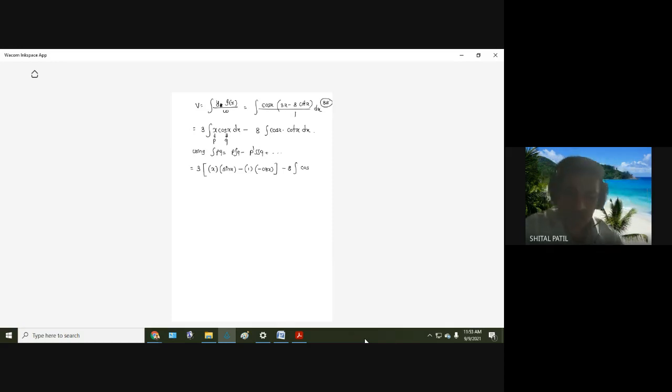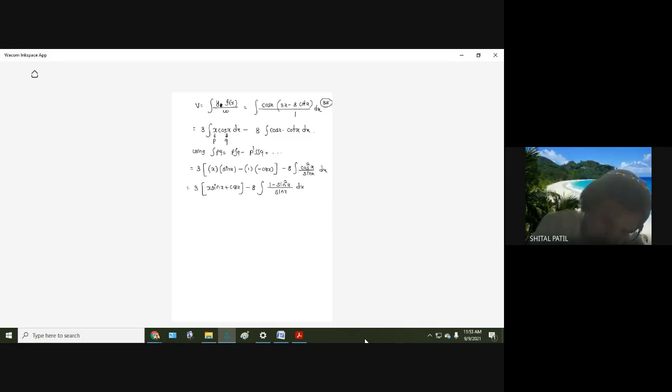Cot is cos by sin, so cos square x divided by sin x. We solved one example of this type sometime before, or you can use derivative of denominator and numerator.